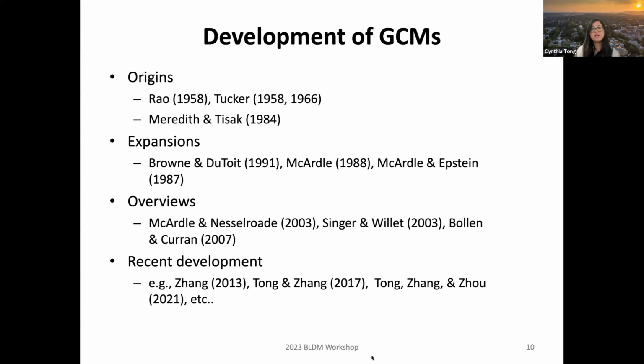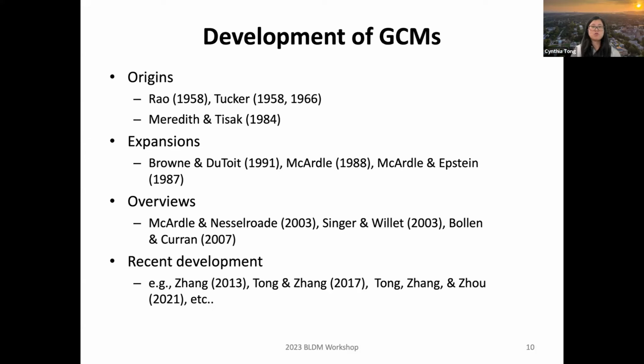And if you're interested in the history, you can read Singer and Willett's book, Applied Longitudinal Data Analysis, or just read a chapter written by McArdle and Nesselroade about these overviews. These overviews provide a good way to help us understand the history of growth curve modeling.